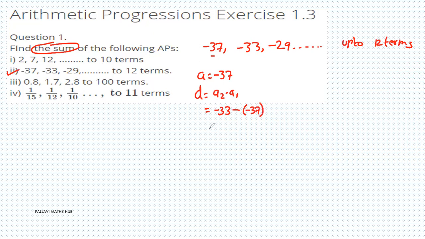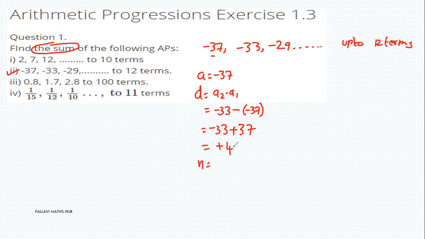In the next step, minus 33, minus into minus is plus 37. So minus 33 plus 37. Which one is greater? Plus is greater, so put the plus symbol. 37 minus 33 is 4. The value of D is 4.